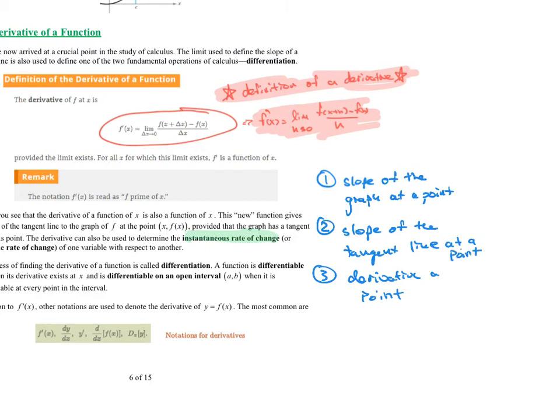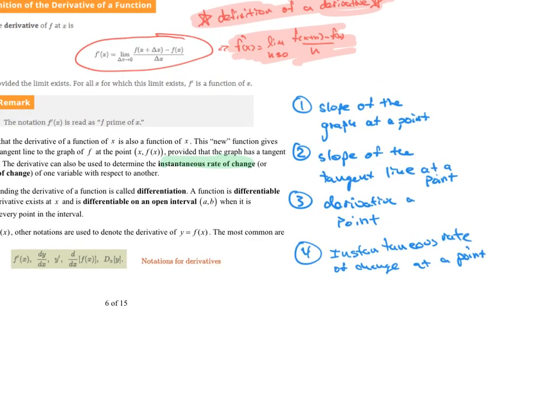Which is the same thing as the instantaneous rate of change at a point.